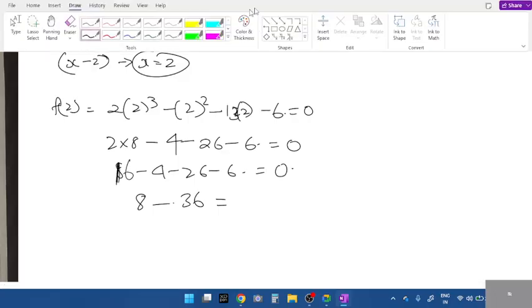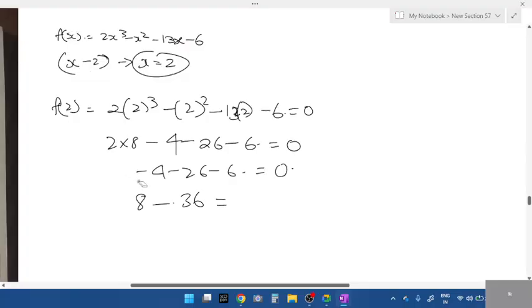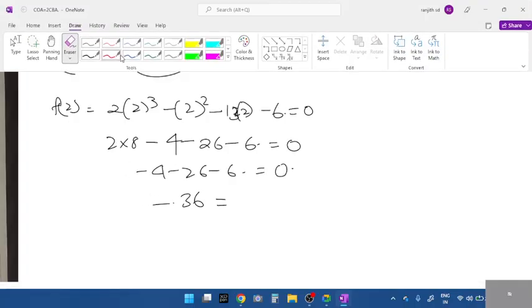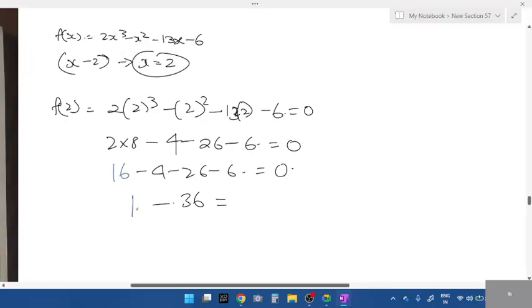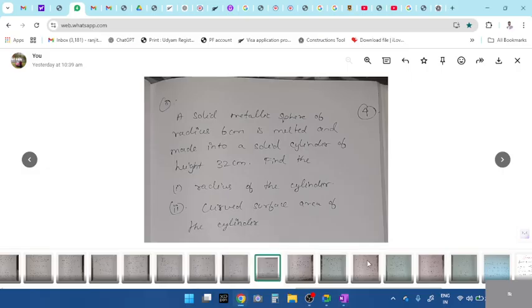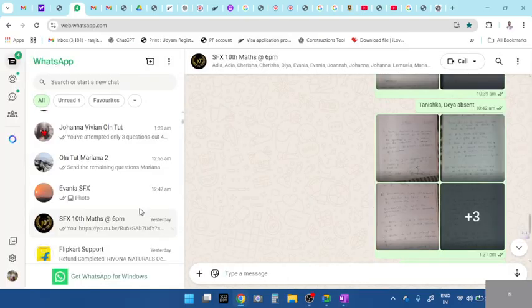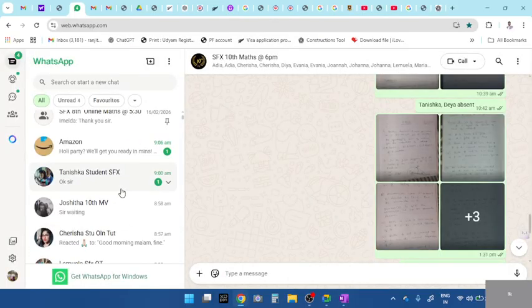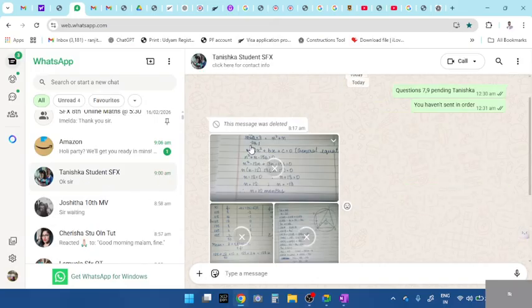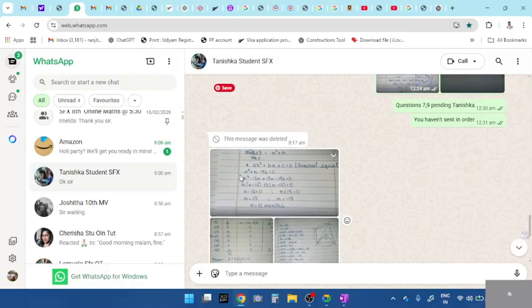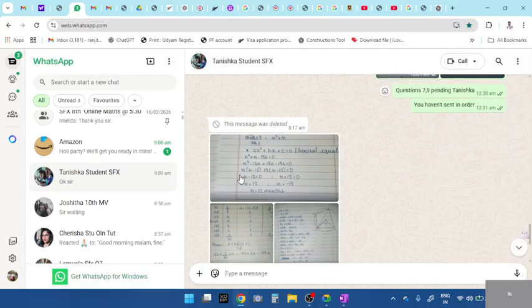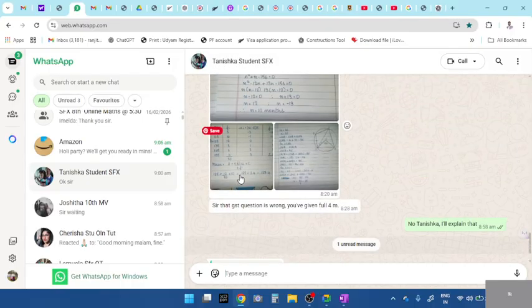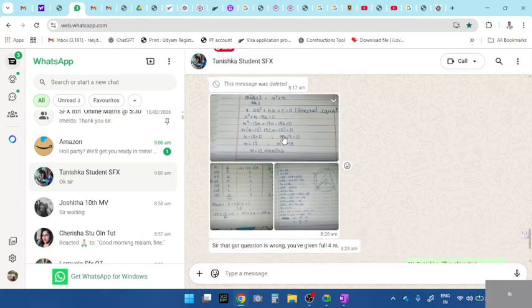And Tanishka, your LCM and all those things are totally different. Quadratic, do it in a different way. How is it? No, no, not wrong. Not about wrong. You redid these questions. What are these?